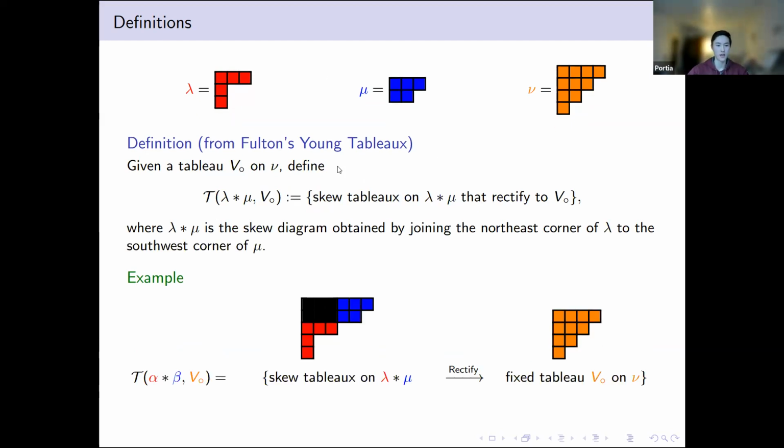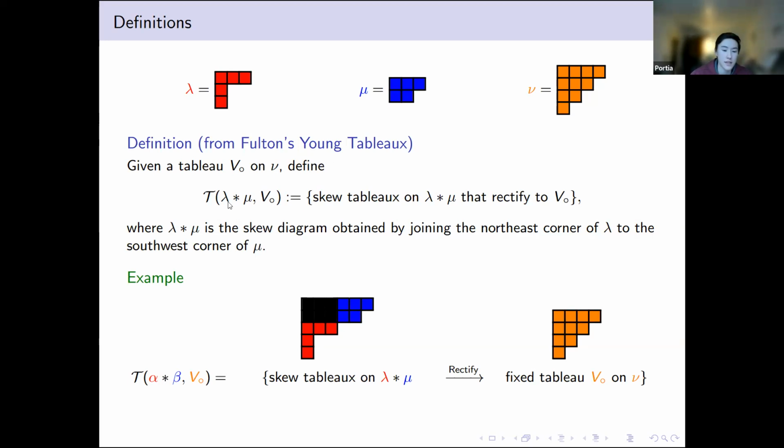Hooray. Okay, then we have a second set that we define, a math cal T set. These two sets are going to end up having the same cardinality. This one is denoted math cal T, lambda star mu comma v naught.